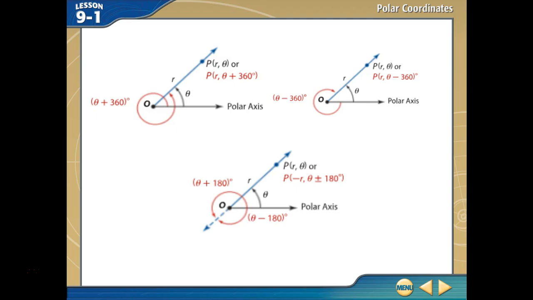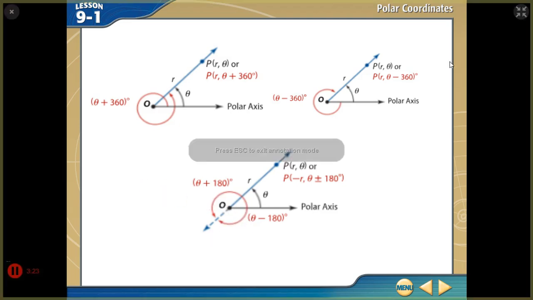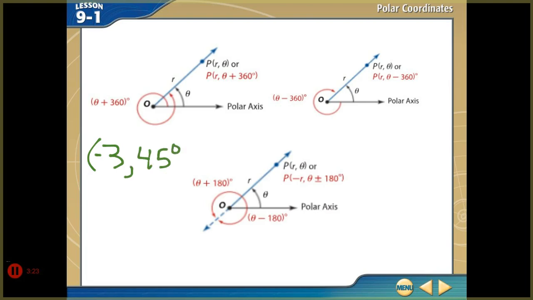One thing that's a little bit tricky to remember is if I have a negative r value, it's going to go in the opposite direction of what it normally would. So if I was to graph, let's say, the polar coordinate (-3, 45 degrees), the one we did before: 45 degrees and 3 looked like this, where that was 45.